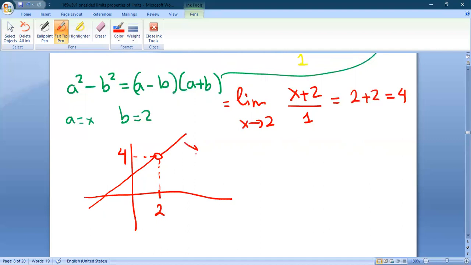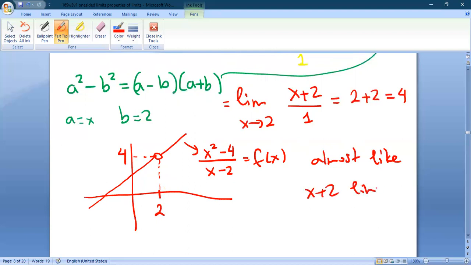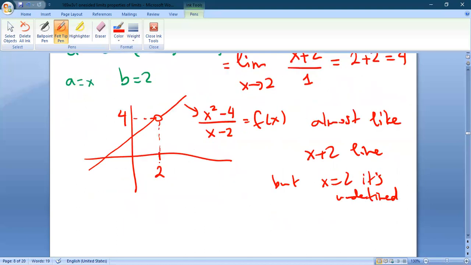But this function is the x squared minus 4 over x minus 2 function. It's almost like the x plus 2 line, but as you see, at x equals 2, it's undefined. So we just show it with a hole in the graph for the line graph of x plus 2.